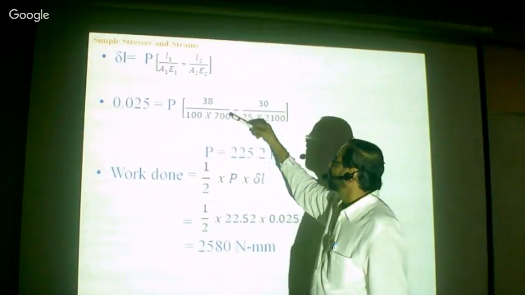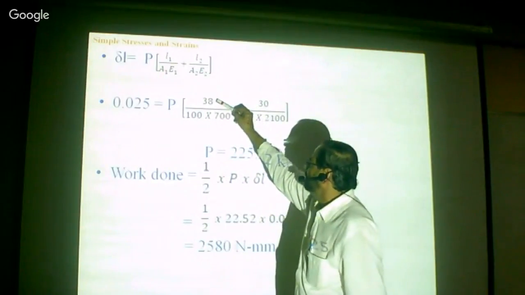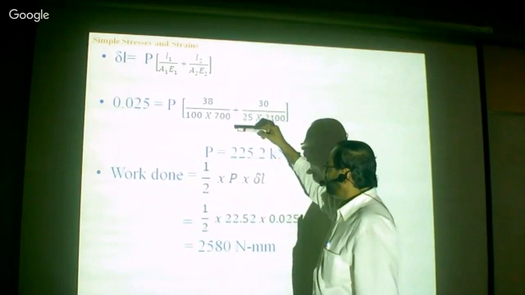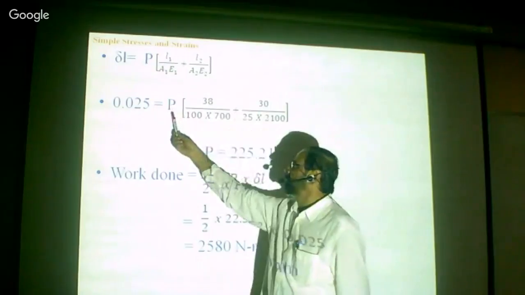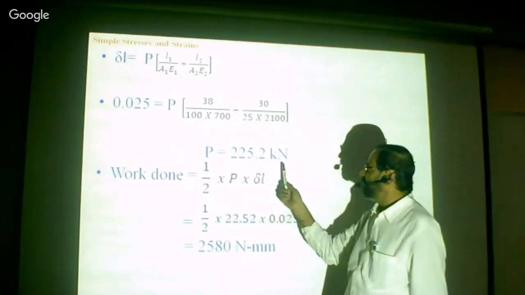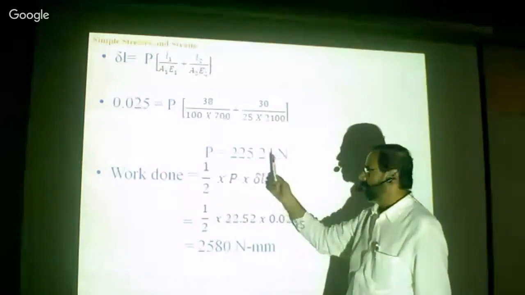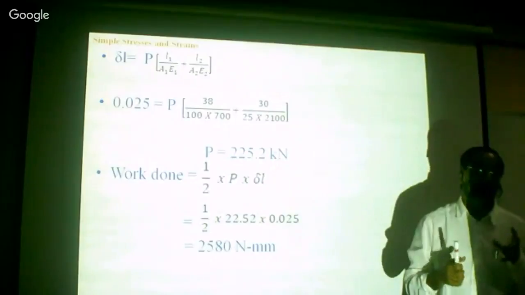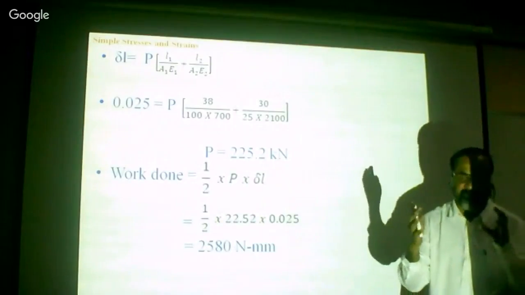Now substitute all that, in centimeters. Now calculate this, and only P is unknown here. Therefore P is equal to 220 kilonewton. That is the load. They have asked what is the magnitude of the load to cause so much deformation.